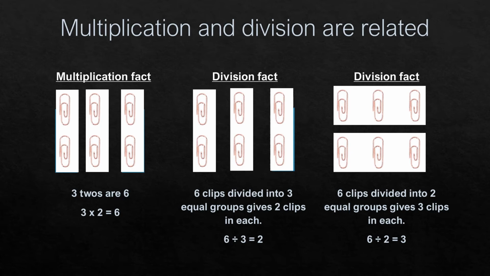So 6 divided by 3 is equal to 2. 3 twos are 6.